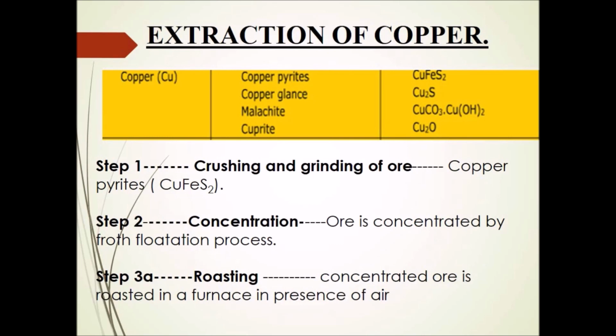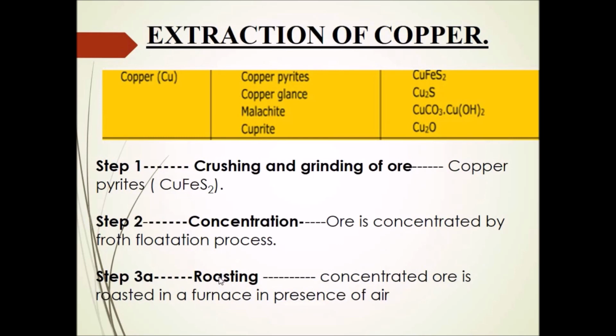Now, what is the froth flotation process? If you don't remember, quickly go through the first video where we have studied the process of froth flotation. Okay, the next step after concentration of the ore is roasting. What is roasting?